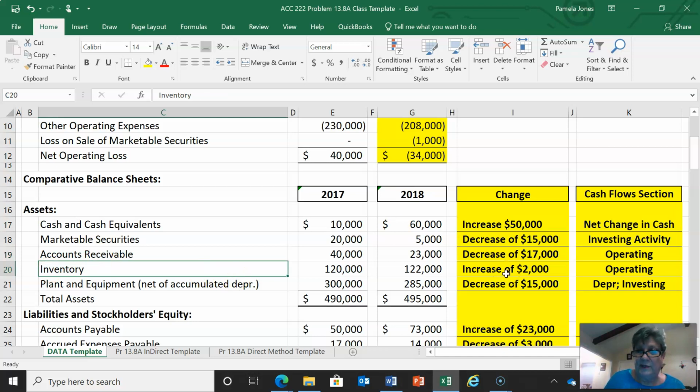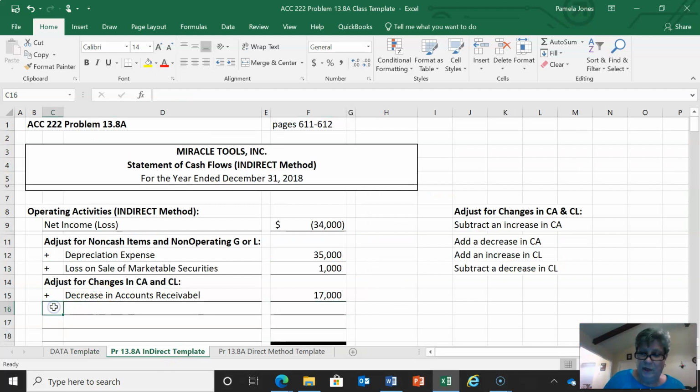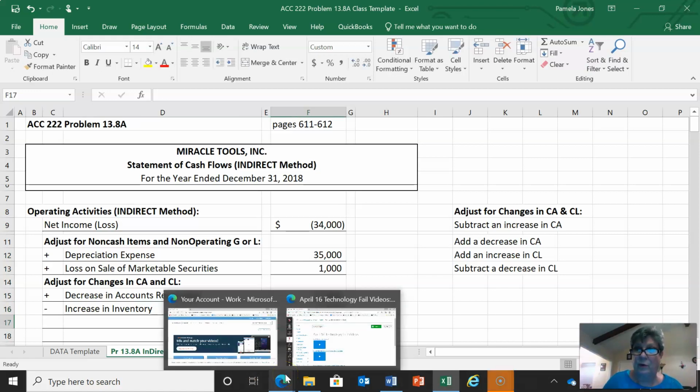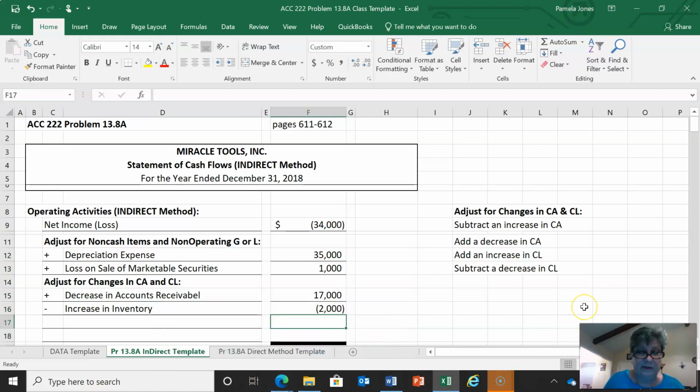Inventory increased by $2,000. So under the indirect method, we will subtract the increase in inventory of $2,000. And again, positives and negatives matter. If it's subtracted, show it as a negative. If it's added, show it as a positive.